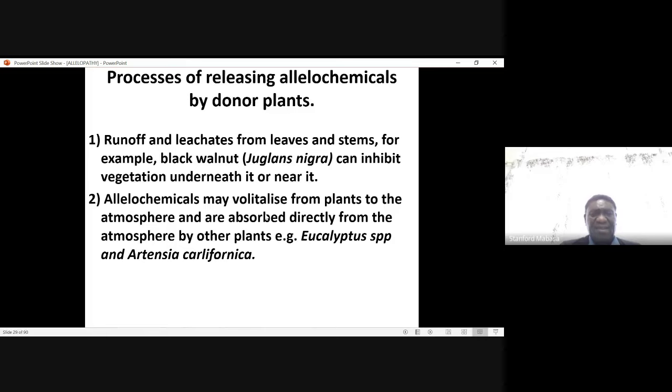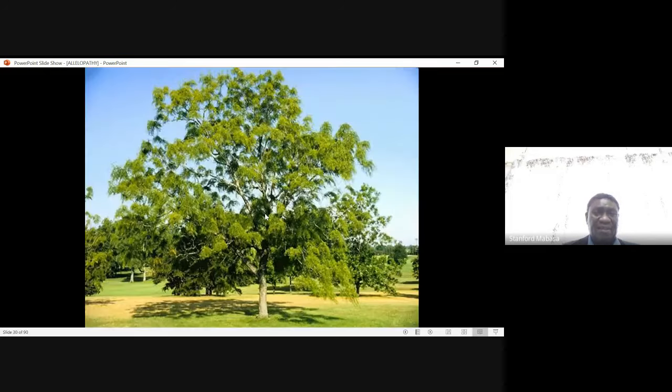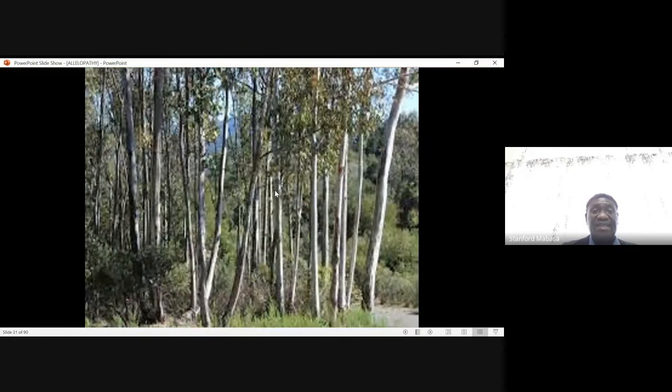Another plant is Artemisia californica in other places, which can also volatilize allelochemicals. This is an example of a tree which can produce allelochemicals. This is the gum tree, which can also produce allelochemicals.